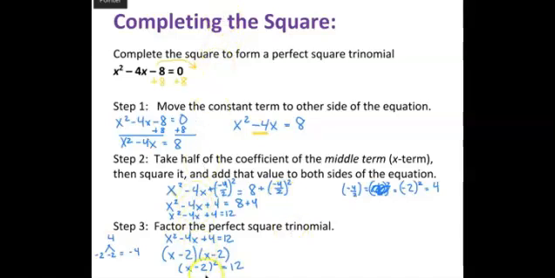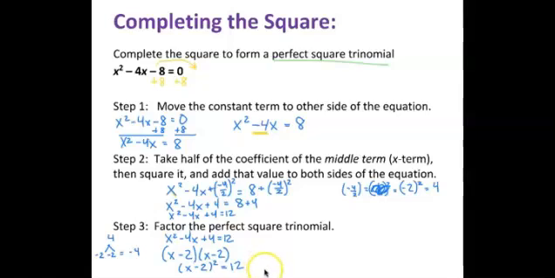And now we've completed the square, and by completing the square, we've arrived at a perfect square trinomial. We've got that now, our perfect square trinomial. It's right here. X minus 2 squared. That's a perfect square trinomial.